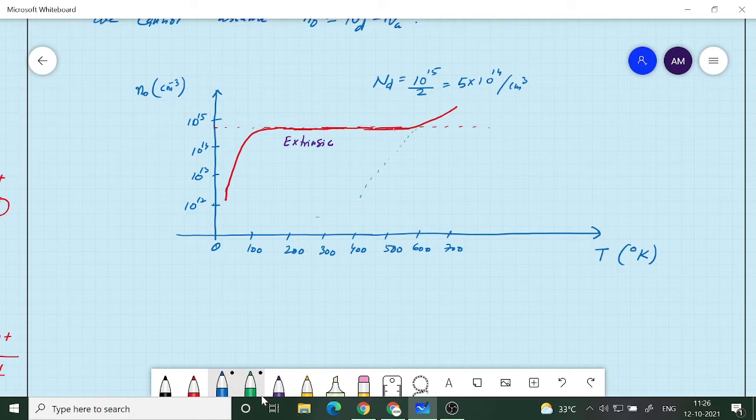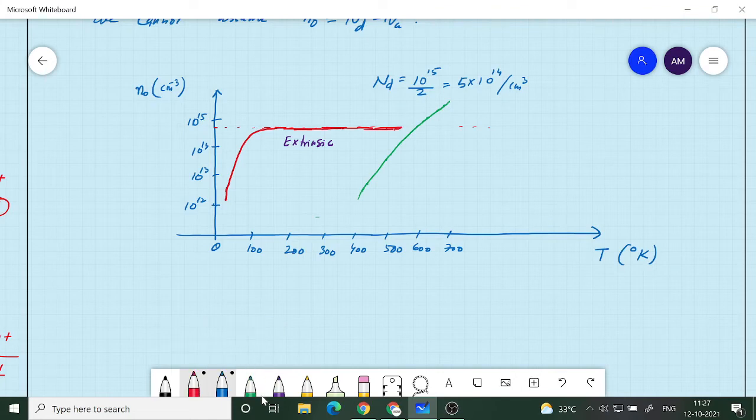Ni is a function something like this. Ni is a strong function of temperature. As temperature increases, Ni increases by orders of magnitude.